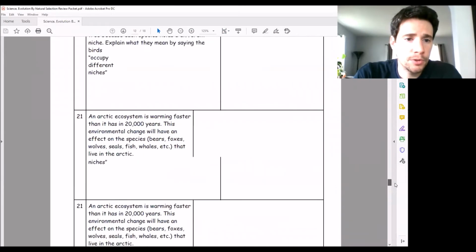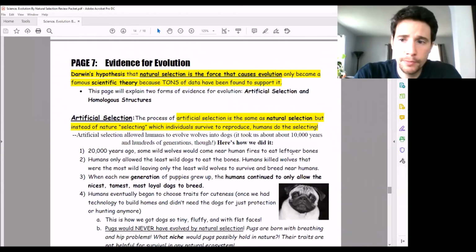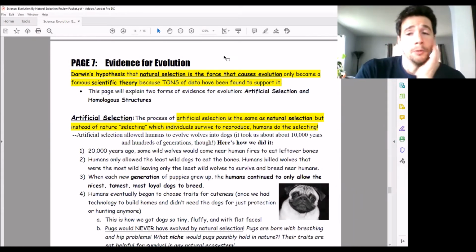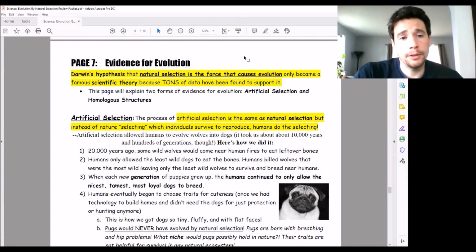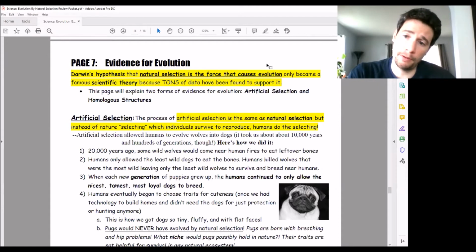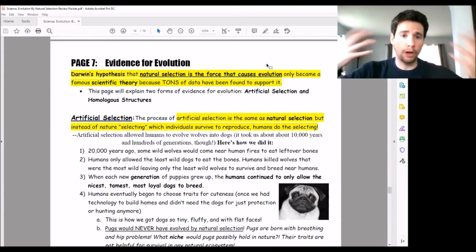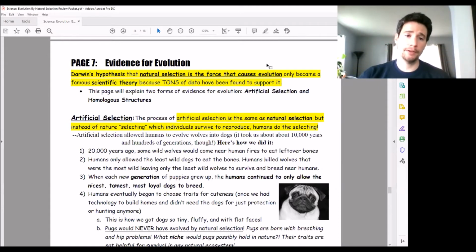So we got up to page 7, the evidence for evolution. And so really, Darwin created this idea of natural selection being the force that sort of causes evolution to happen, that nature just chooses some organisms over others.